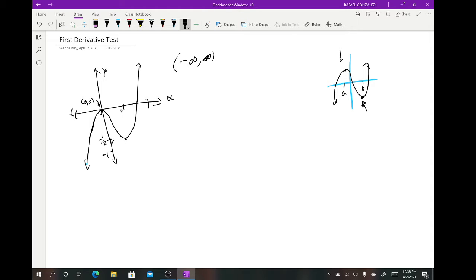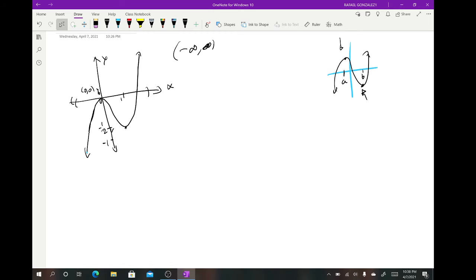All right, this is the relative max and min. Now, to say this even nicer, we can say that the point 0, 0 is a relative max.